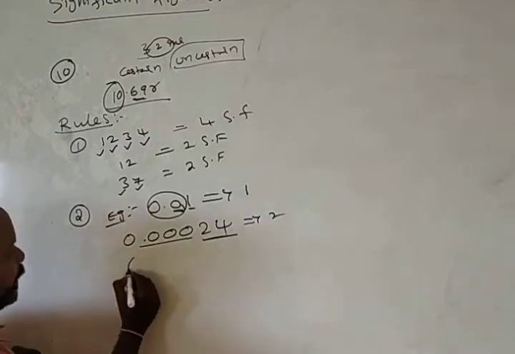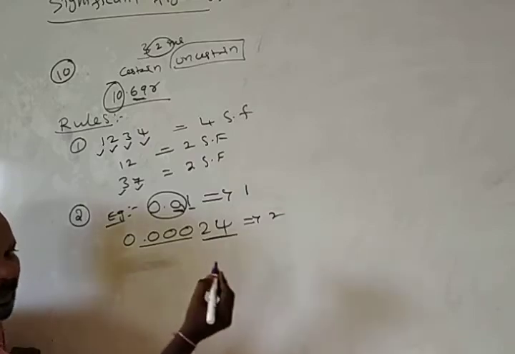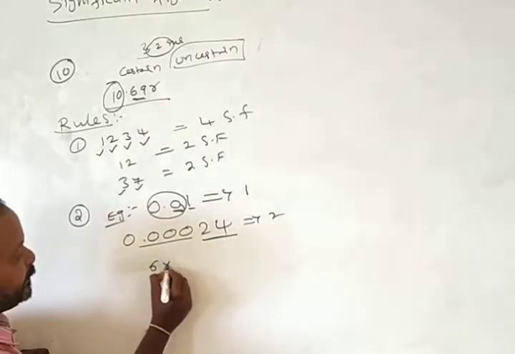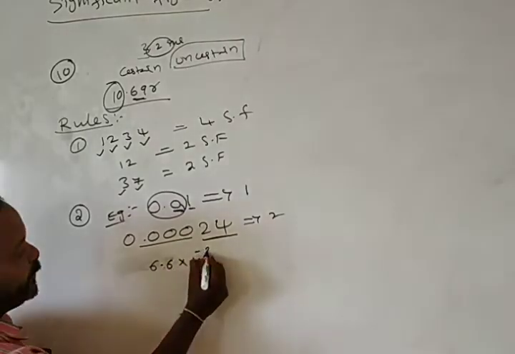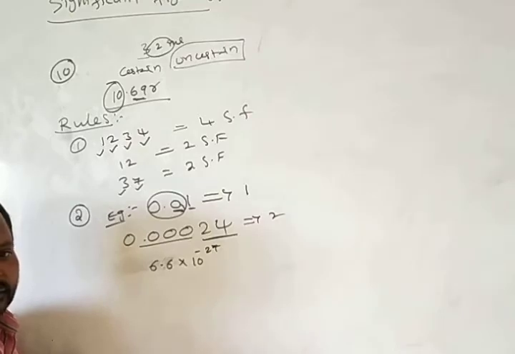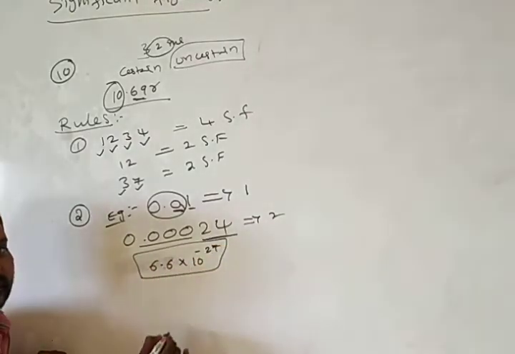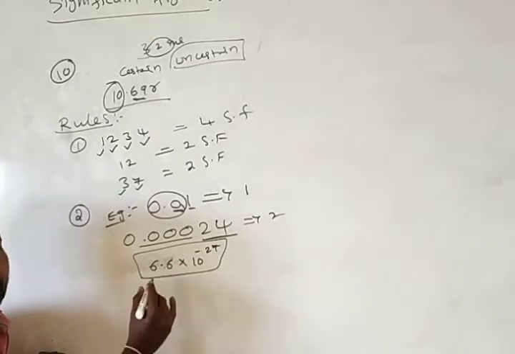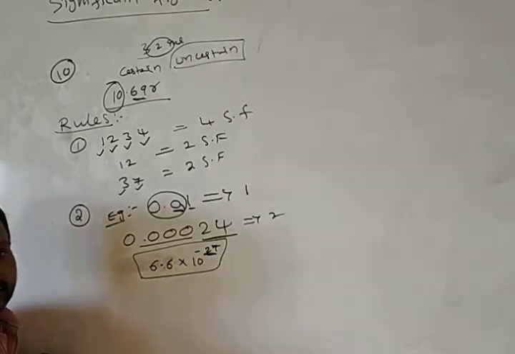Now take Planck's constant, 6.6 into 10 to the power of minus 27. How many zeros are there before the 6.6? How many zeros do we put? Minus 27 zeros.